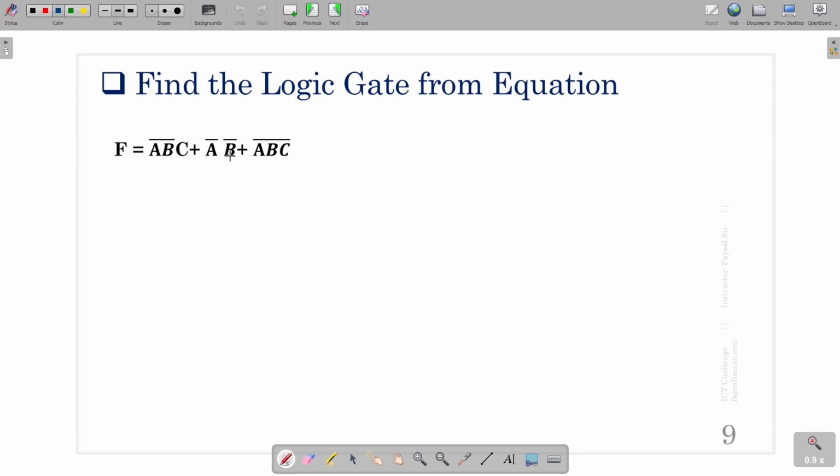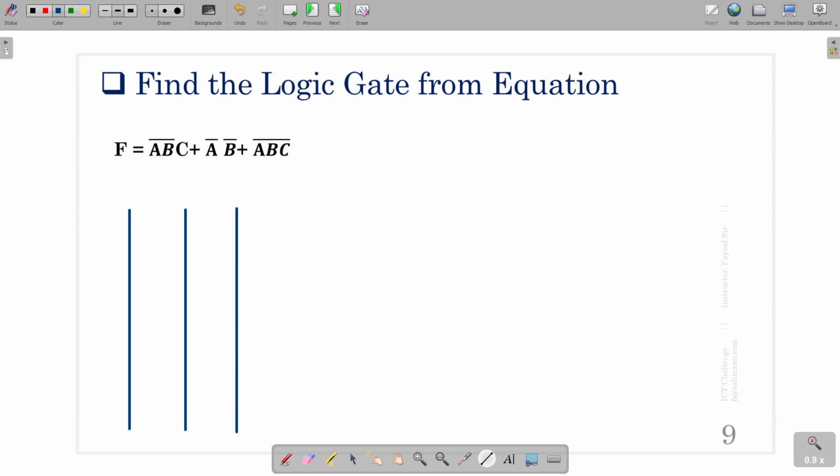So we have three types of input, right? A, B, C. So at first we have to draw different line for each of the inputs. So A, and we need B, and for C we need another input line.